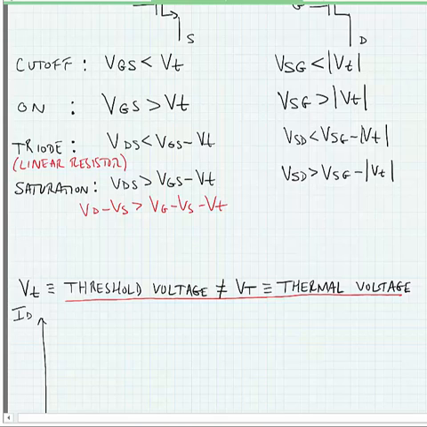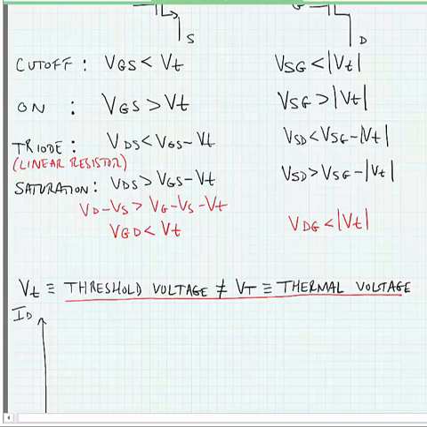And so if we do that, we would get an expression VGD is less than VT. For the PMOS device, we just reverse the subscripts and say VDG is less than the absolute value of VT, and that would result in the transistor being in saturation.